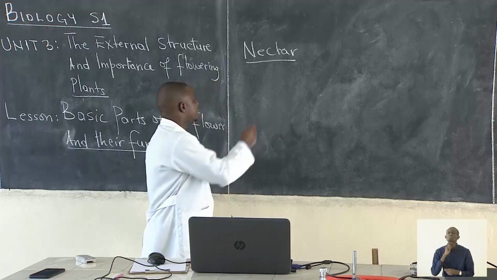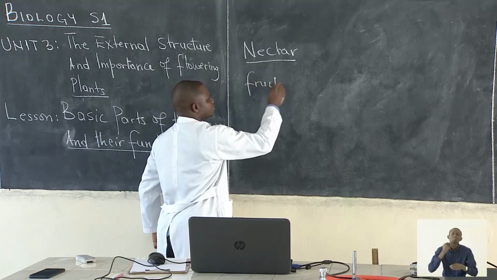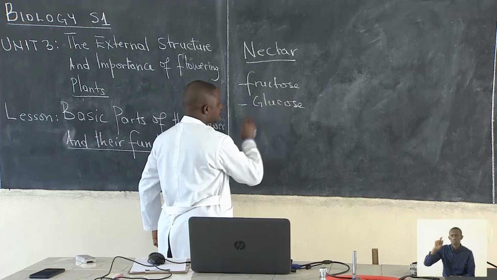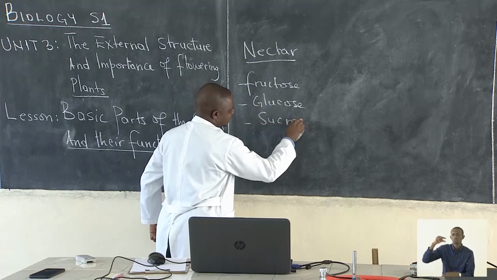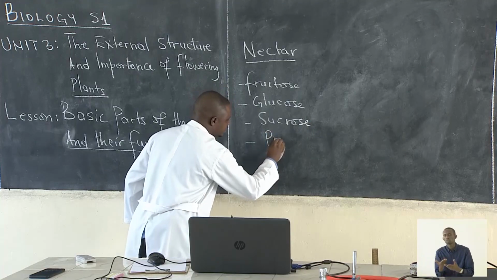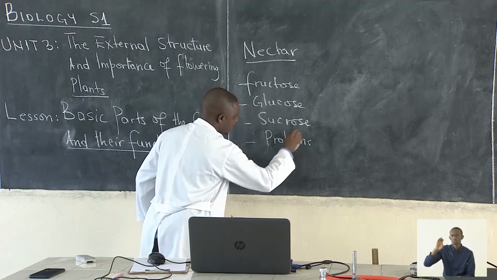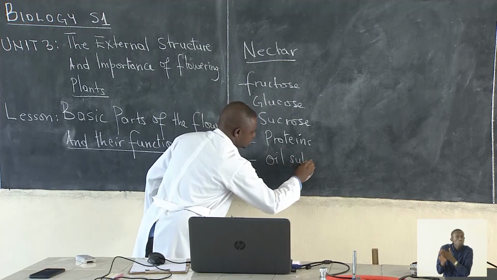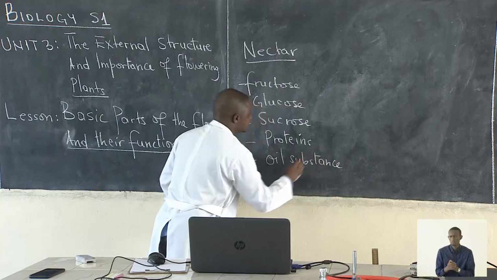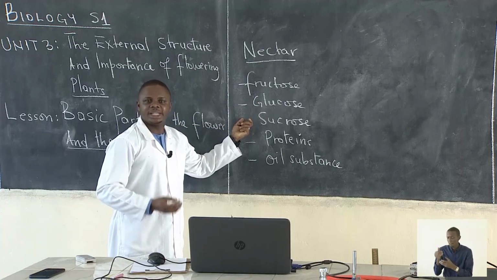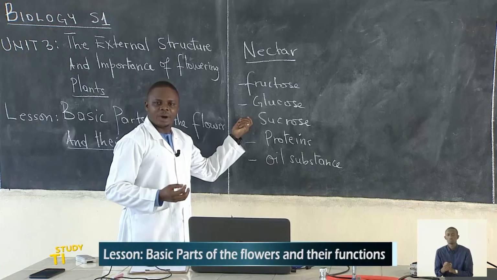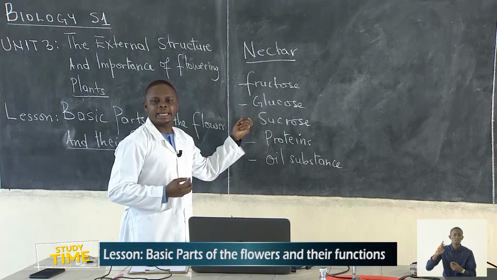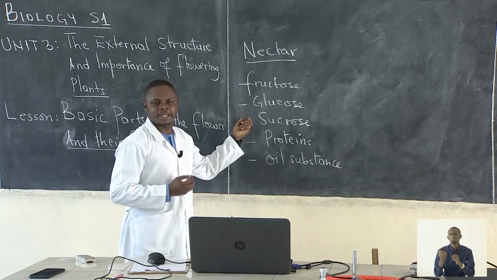It has sugars like fructose, it has sugars like glucose, it has sucrose, it has some proteins, it also has oil substances, which means when we see these components, it shows that flowers which have nectar are essential to pollinators like bees, wasps, and birds.